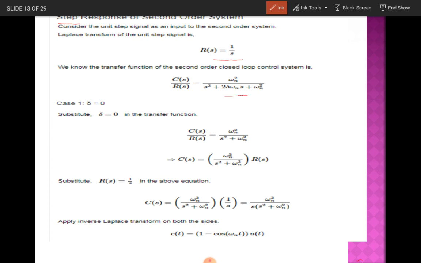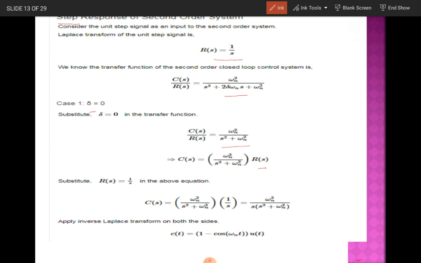So initially we consider delta value equal to 0. In this case, when delta equal to 0, you will get C(s) divided by R(s) is equal to omega n square divided by s square plus omega n square. Then in order to find the output, C(s) can be written as omega n square divided by s square plus omega n square into R(s).